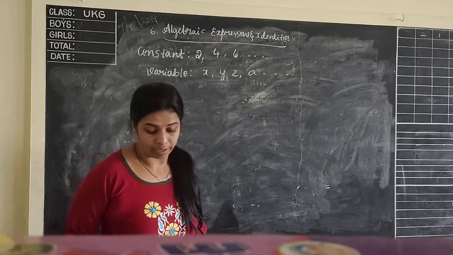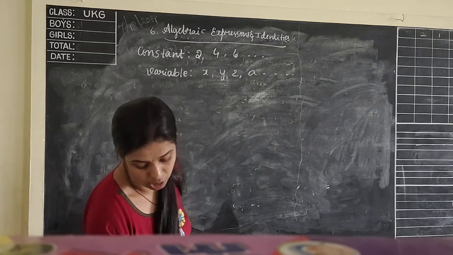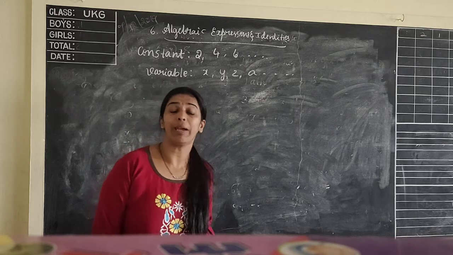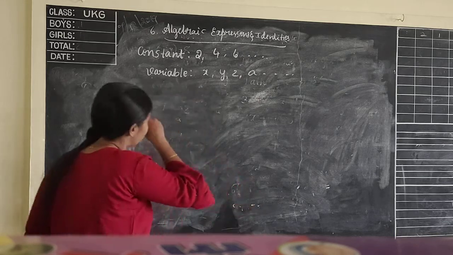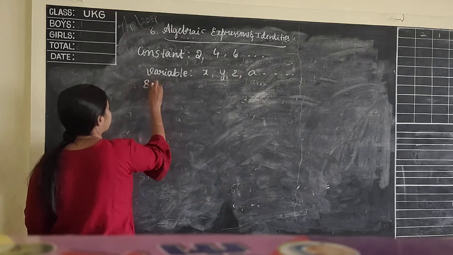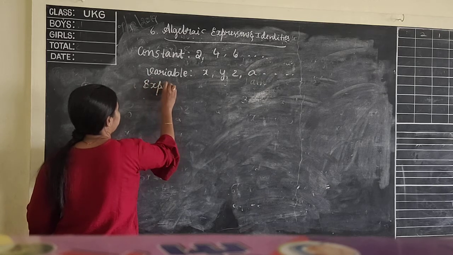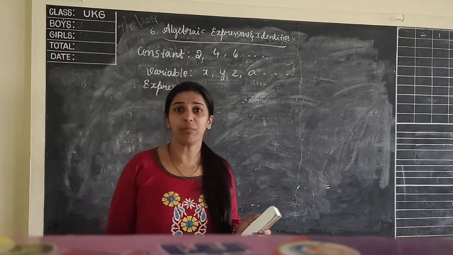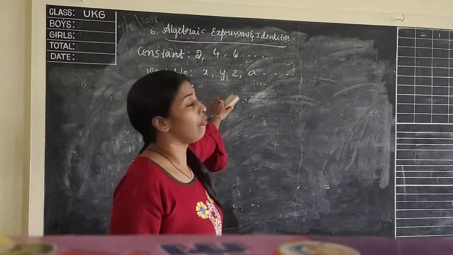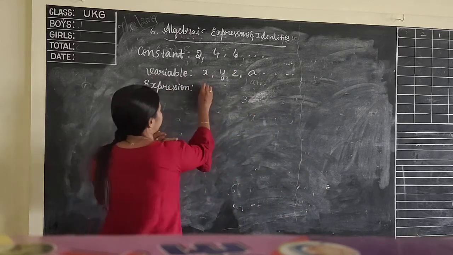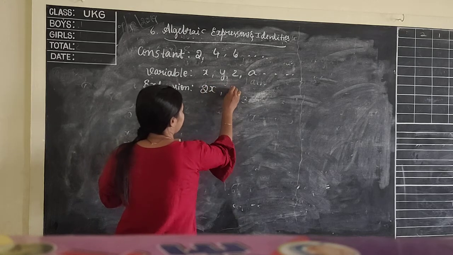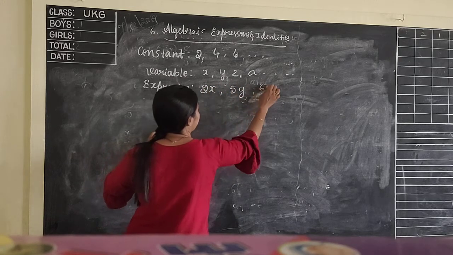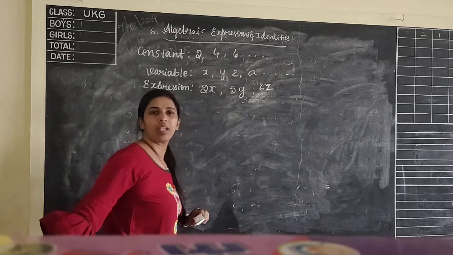Okay. Next is the expression. So what is meant by expression? Expression means the number and the variable together will come. Like this.